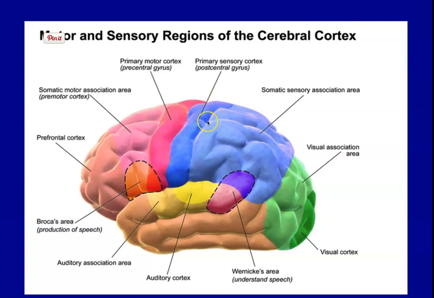You can see here too that this gyrus right here, the postcentral gyrus, is also known as that primary sensory cortex. Information coming in from the body, sense of touch. And then that's processed right next door in this area, the somatic sensory association area. By the way, visual processing even comes up into this region and comes into this region as well. So it's not just exclusive to each of these regions.